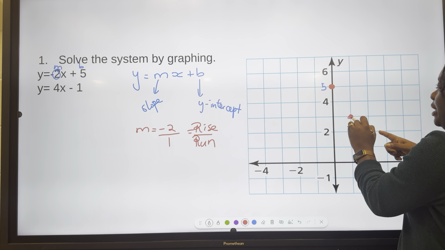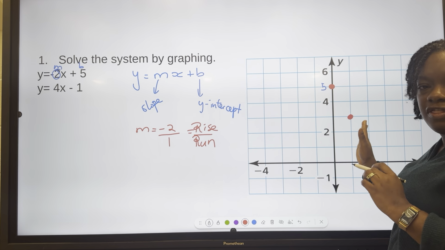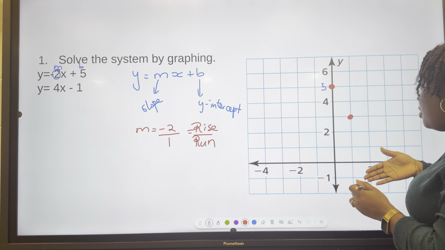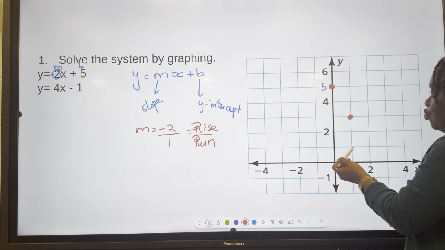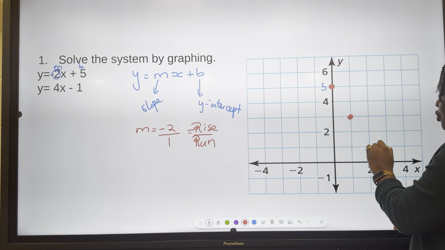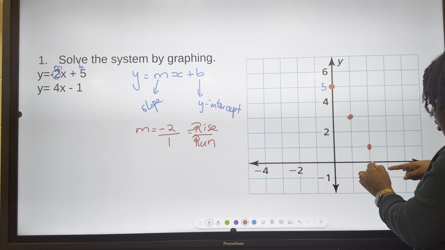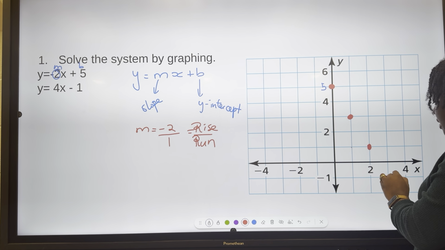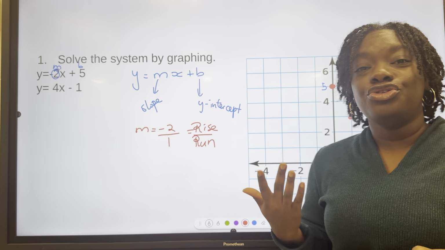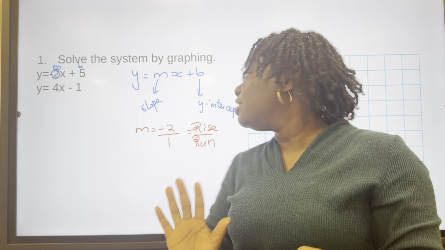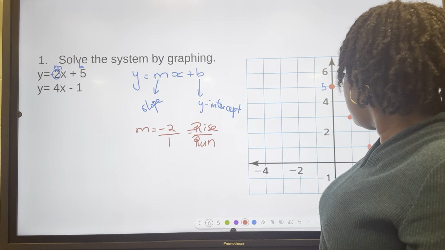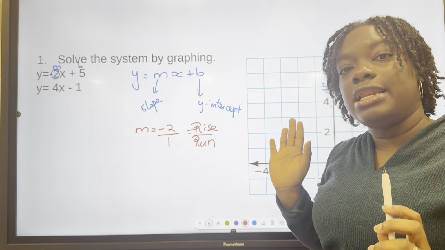My next point is going to be that, and I can make more points by coming 1, 2 down, 1 to the right, again and again. As I said, you don't need more than 2 points. I'm just getting more points so that my line can be a little more accurate.